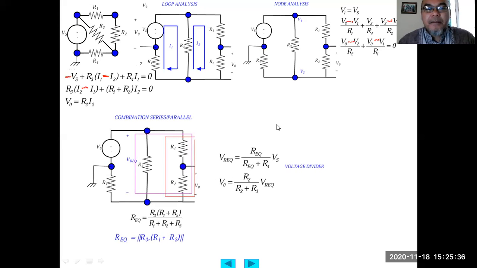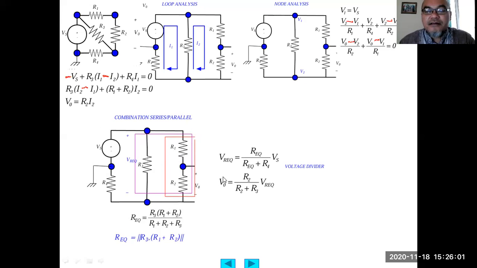Alternatively, we can solve using a combination of series and parallel like this. So R equivalent here is R1 plus R2 in parallel with R3. So R3 times (R1 plus R2) divided by the sum of all the resistors, R1 plus R2 plus R3. This is the value.